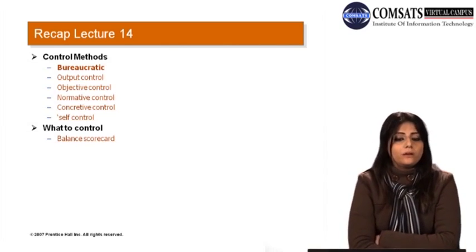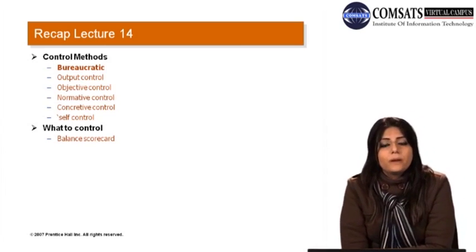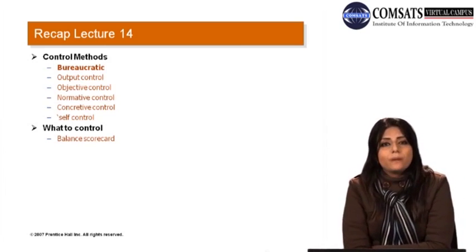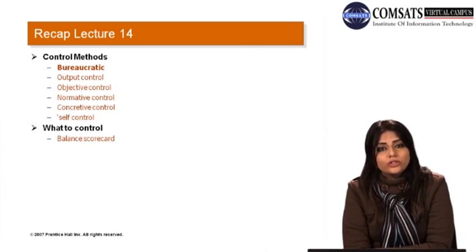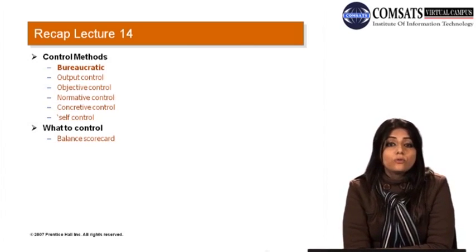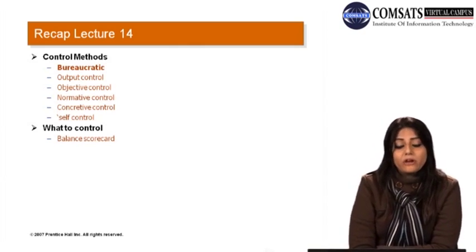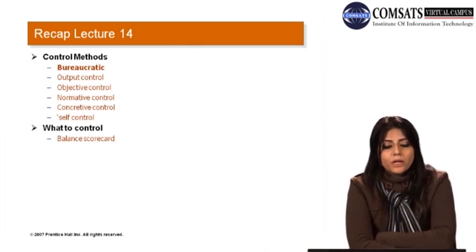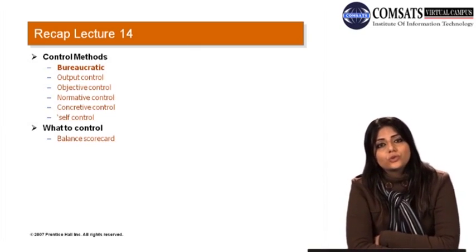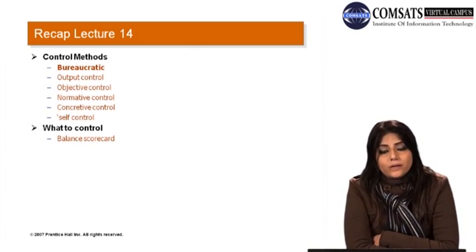From the pressure of the co-workers or according to the expectations of the team members, each member behaves. They set their own rules, regulations, guidelines, and their own do's and don'ts, and they behave accordingly. So the team itself is the control mechanism here. Then we had a discussion on the self-control, where you're controlling your own self.